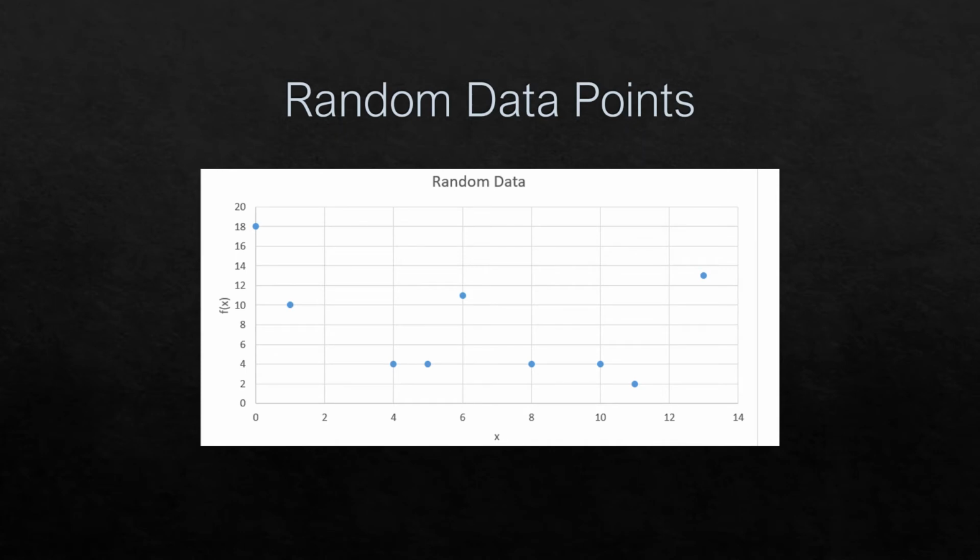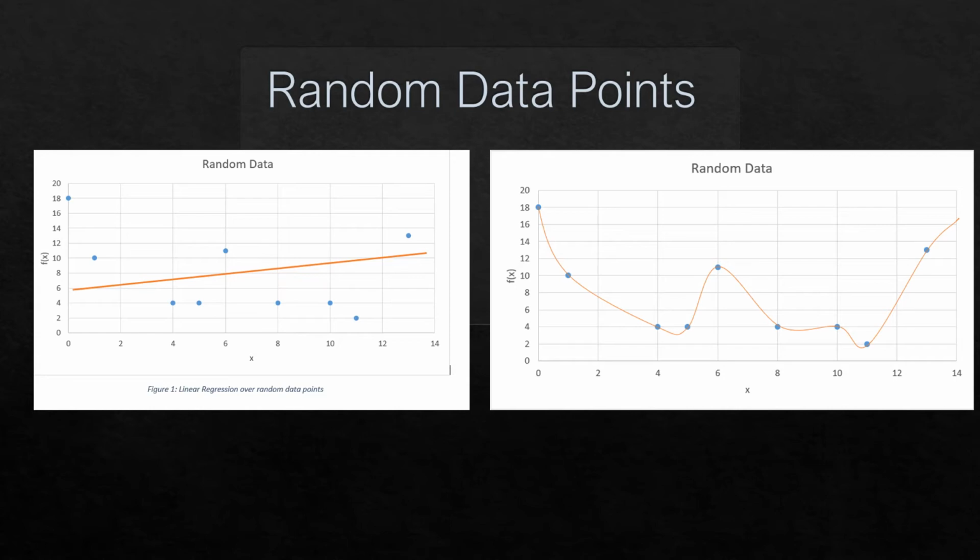Now, let's say we have some random data. Our objective as machine learning and data science students is we want to create a model to fit this data. Now we can create a regression model or a classifier. Now, how do we approach creating a model for this data?